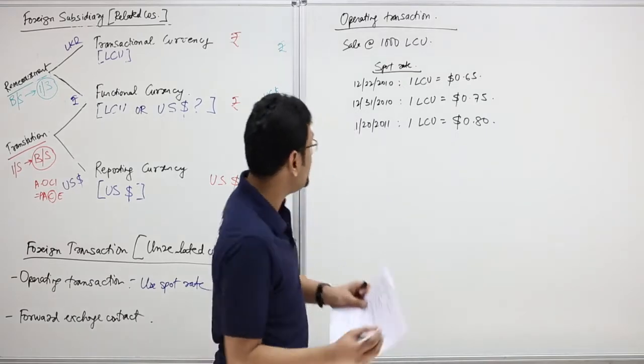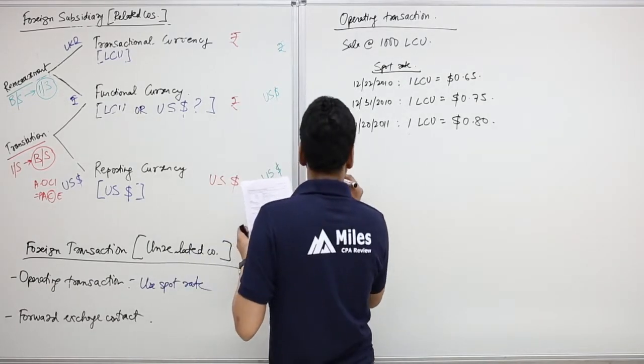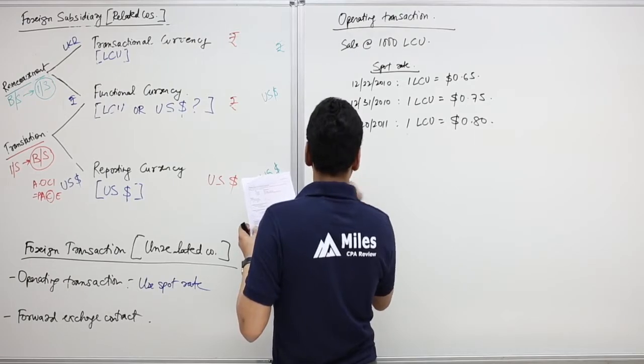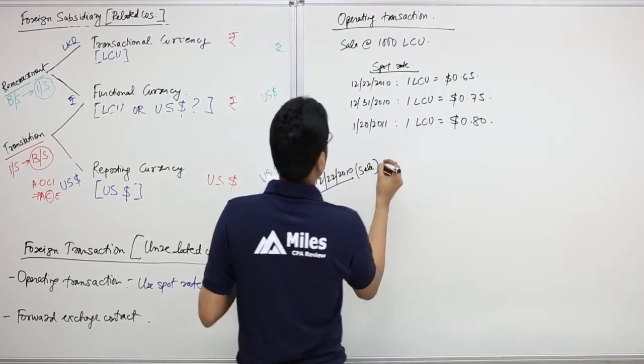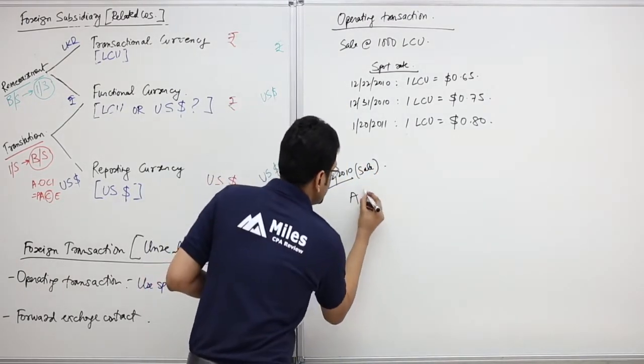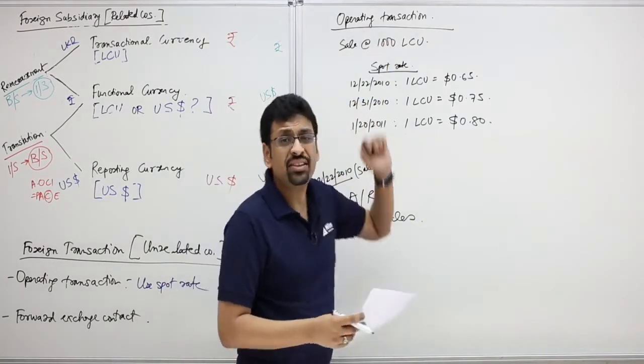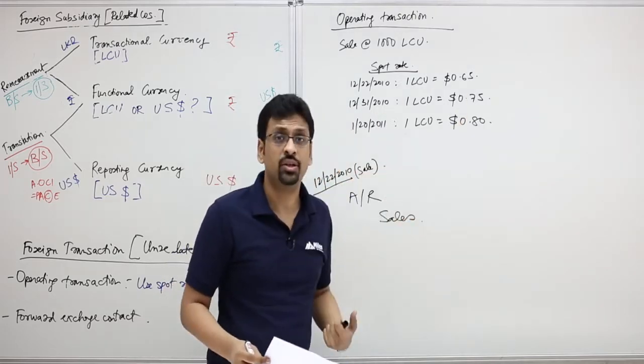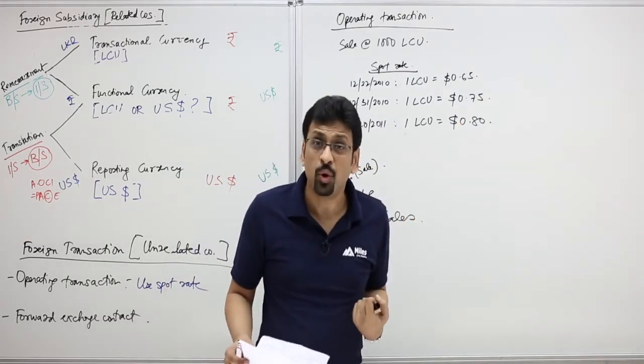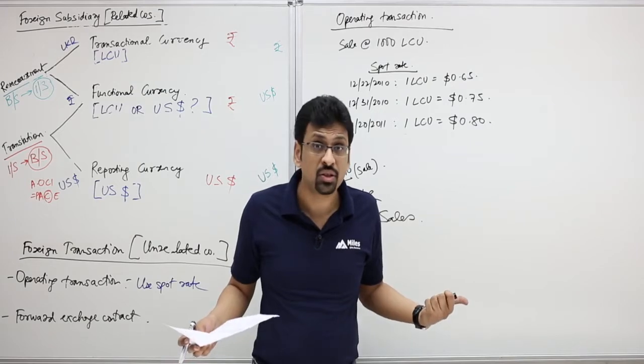So let's look at how does it impact our income statement. So on 22nd December, when the sale was made, the journal entry would be accounts receivable to sales. Now the receivables, that's in the local currency unit, the foreign currency. We cannot have that on our books because our books is all in dollars.